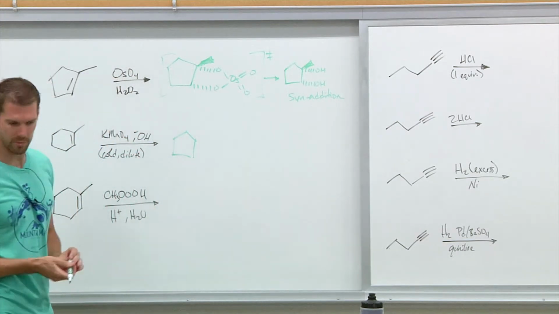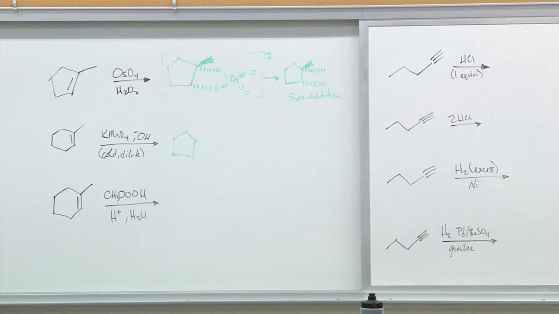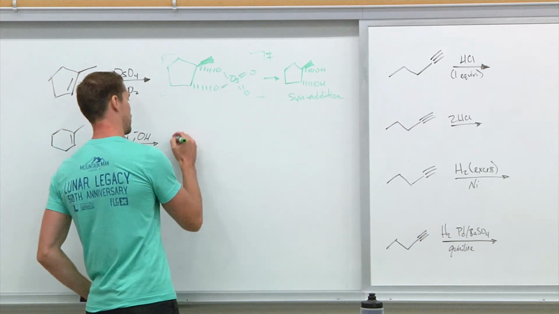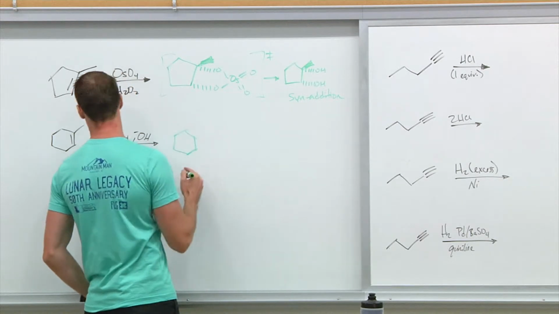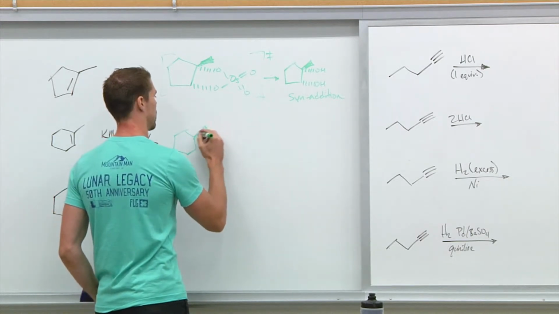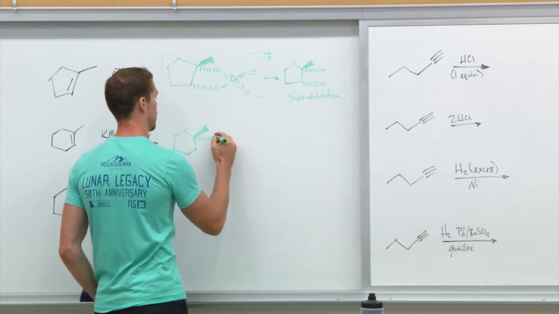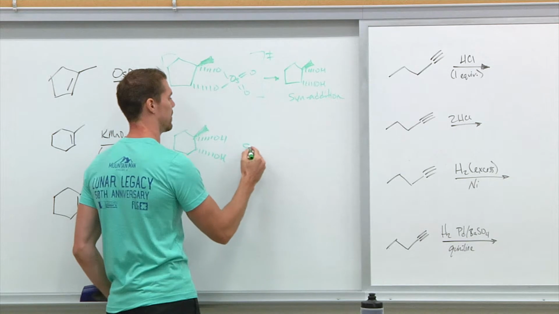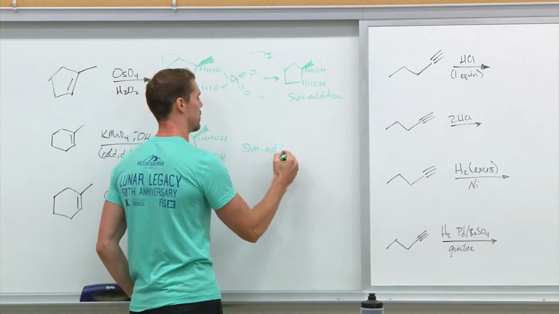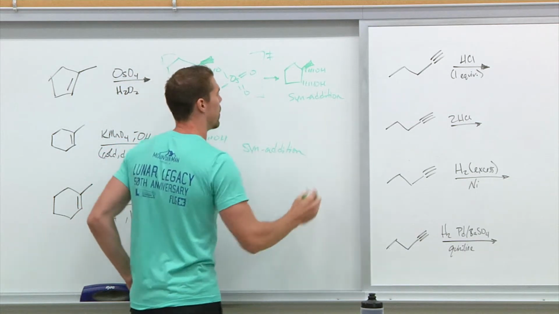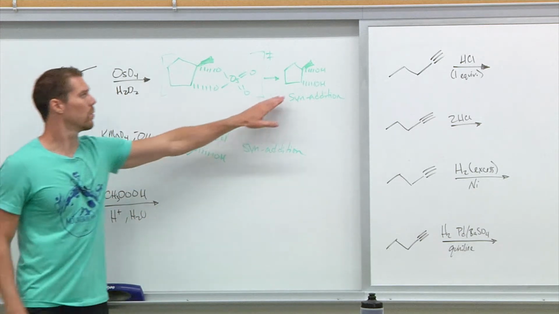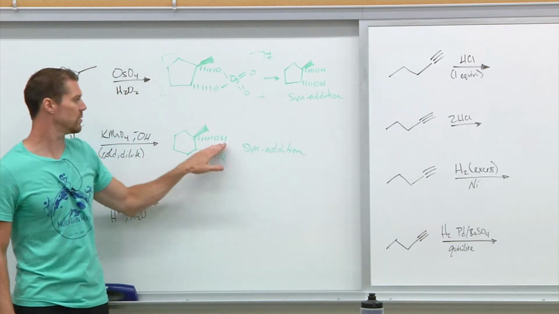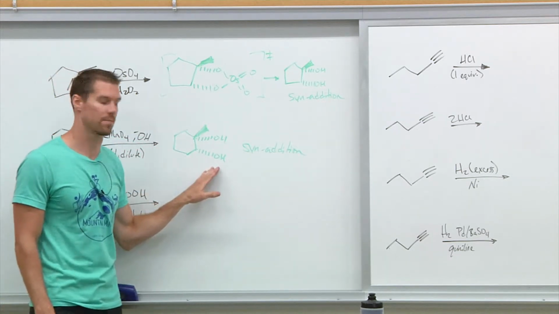And maybe I should draw the right shape. That's what I get for switching it up. So here, again, this is syn addition. Okay, so here we add 2 hydroxides, syn addition. Here we add 2 hydroxides, also syn addition.